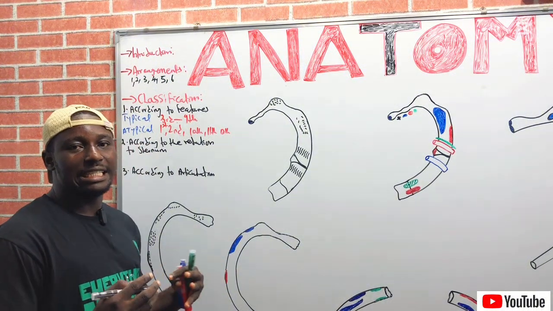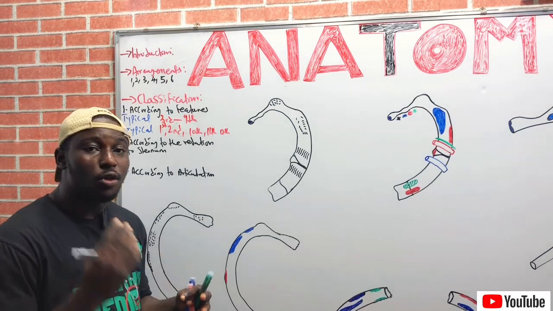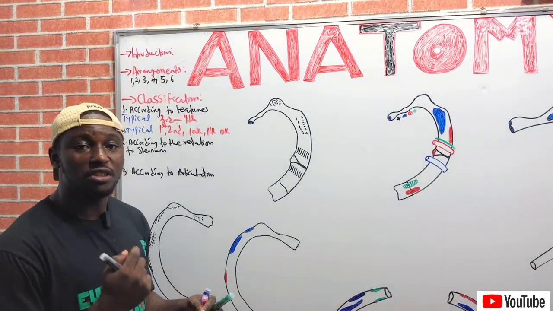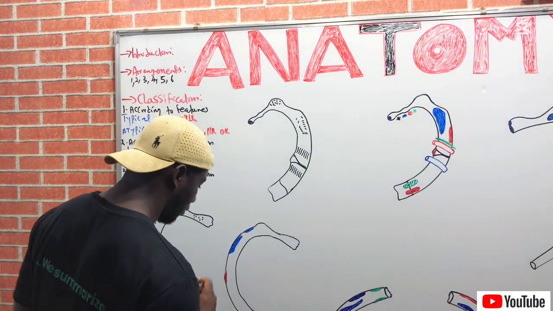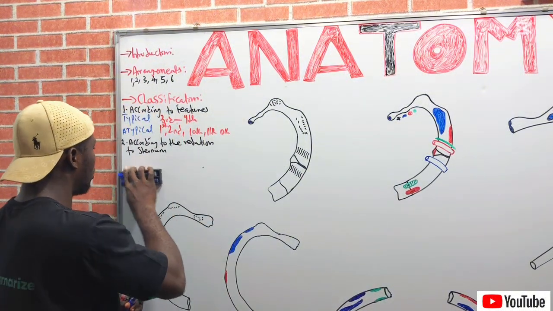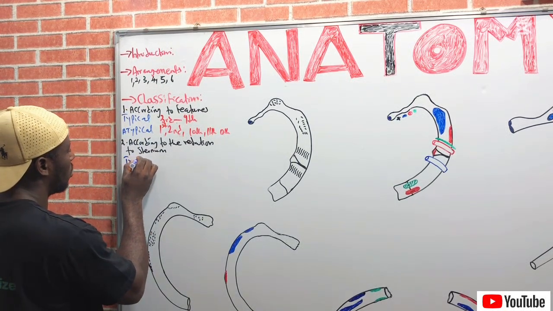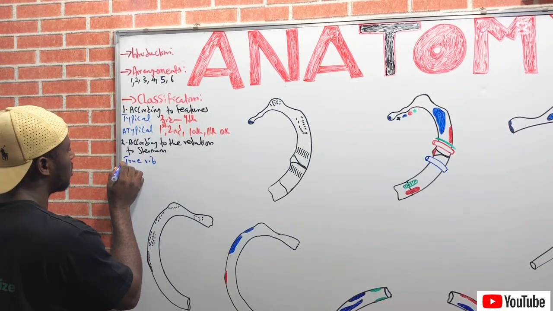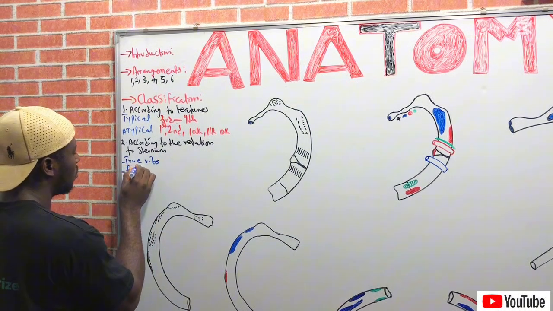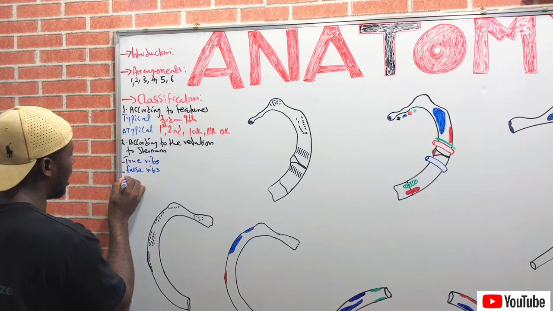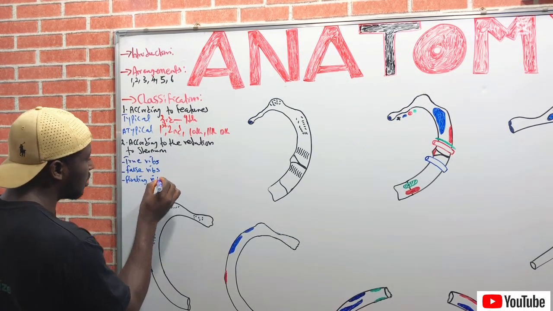Now, you have to understand that the ribs are classified according to relation to the sternum as the true ribs, the false ribs, and the floating ribs.